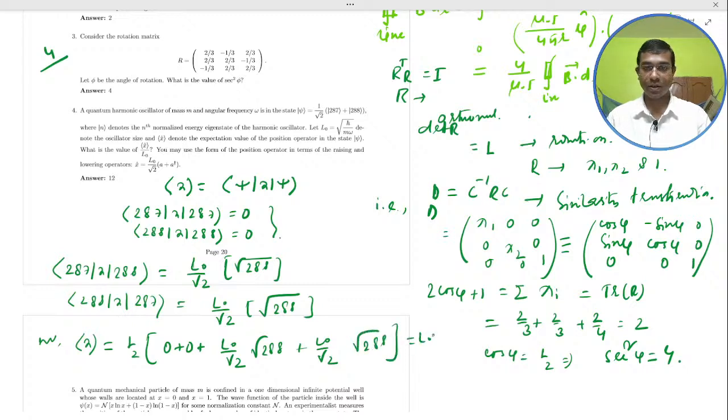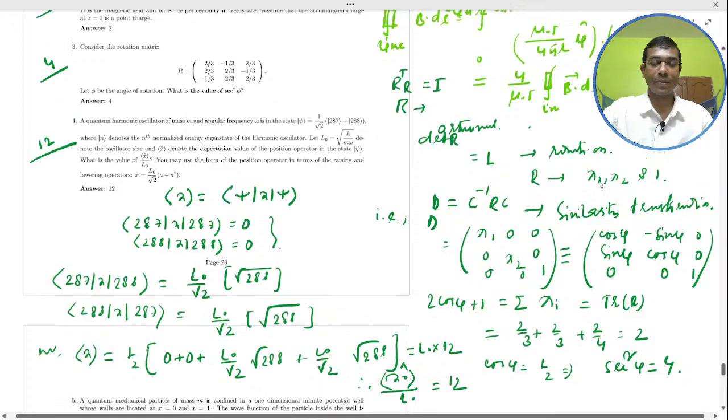This would become L naught into 12. So x expectation by L naught, you have to find this value. Therefore, this would become 12. 12 would be the correct answer.